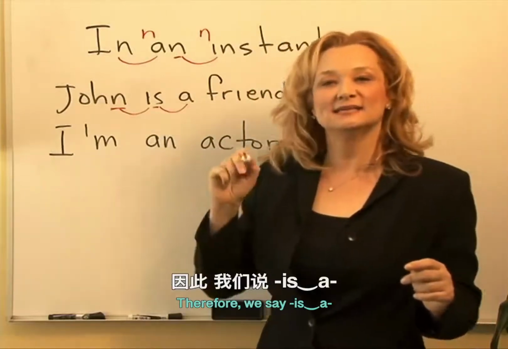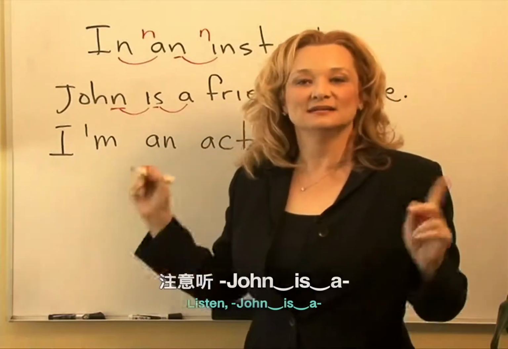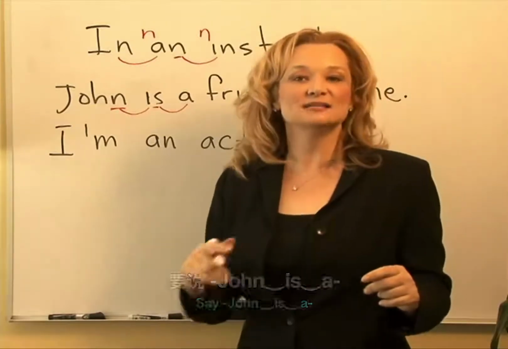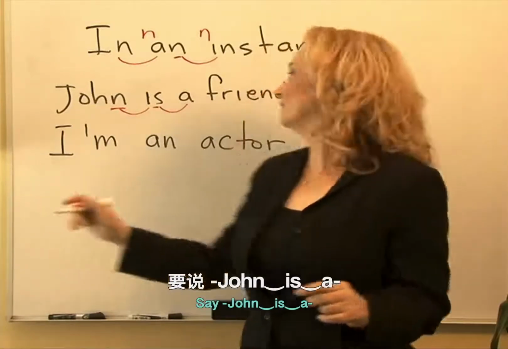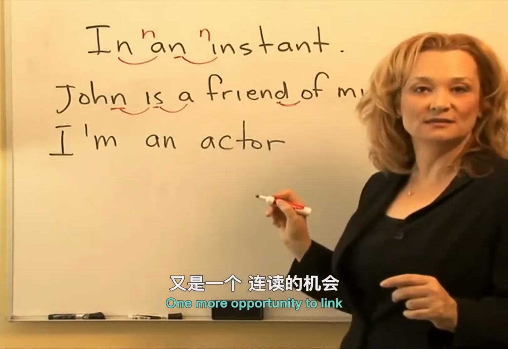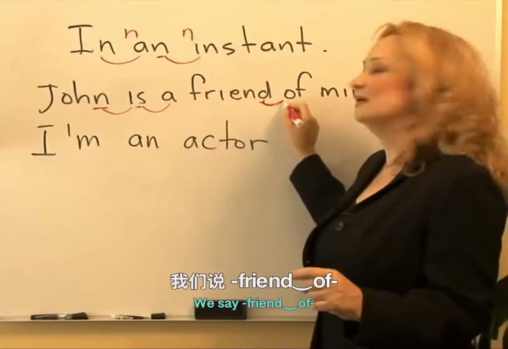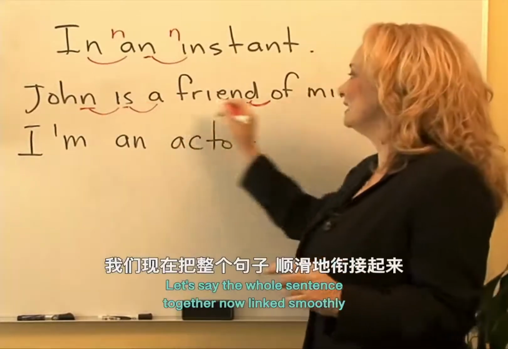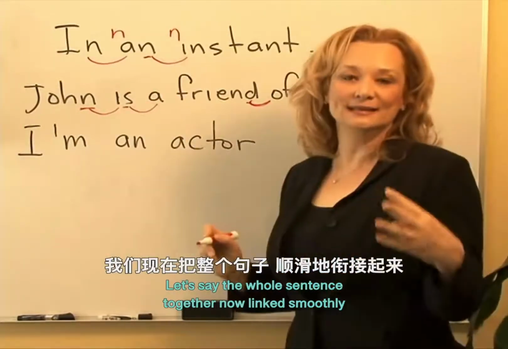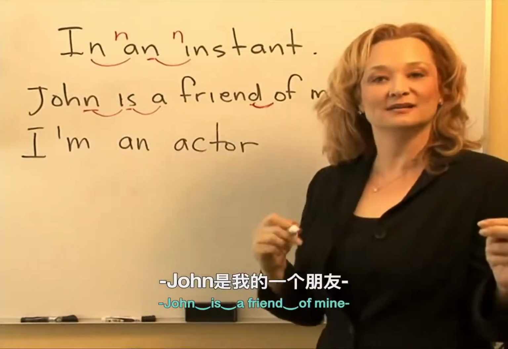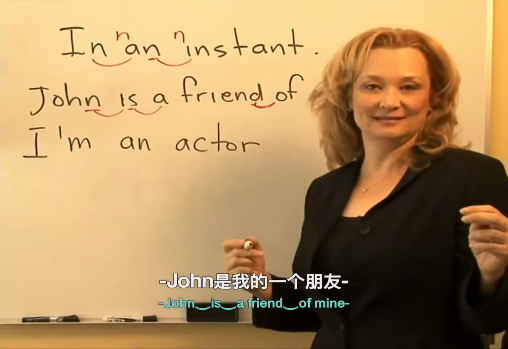Therefore, we say is a. Listen, John is a. Don't say John is a. Say John is a friend of. One more opportunity to link. We say friend of. Let's say the whole sentence together now, linked smoothly. John is a friend of mine.